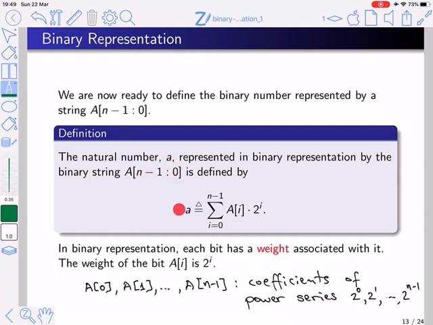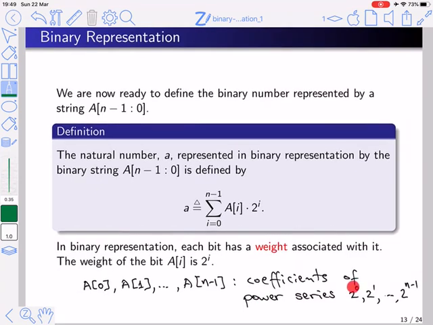And this number A represented by the string will be the sum of this series. The sum goes from i equals 0 to n minus 1. These are the bits of A. I take the ith bit of A and I multiply it by 2 to the i. So in fact, the bits A0, A1 up to A_{n-1} are coefficients of a power series with respect to powers of 2.